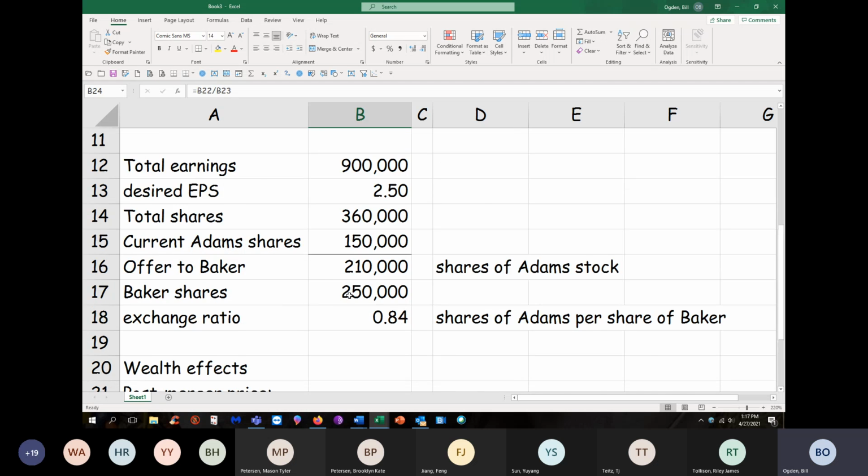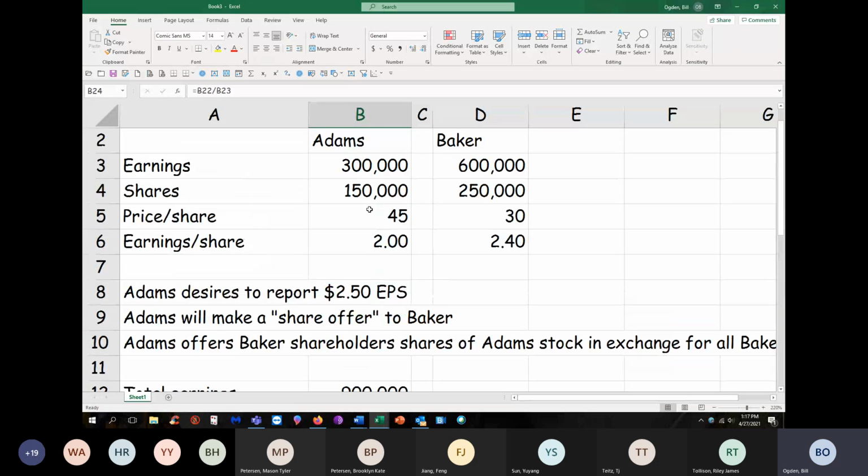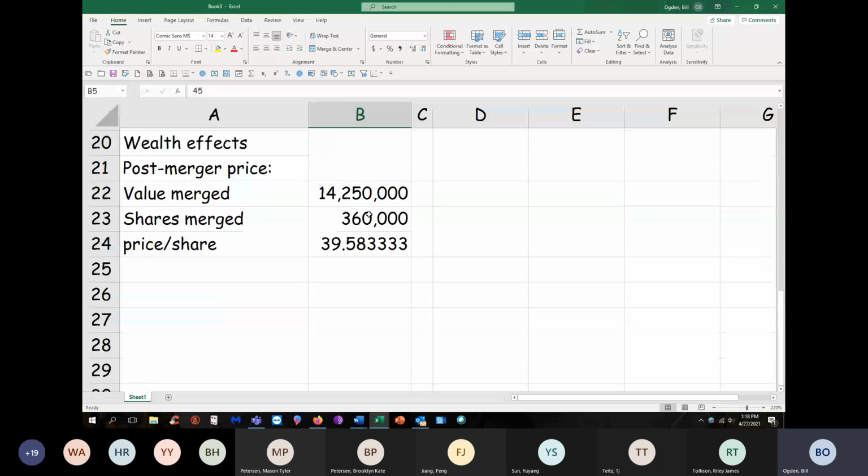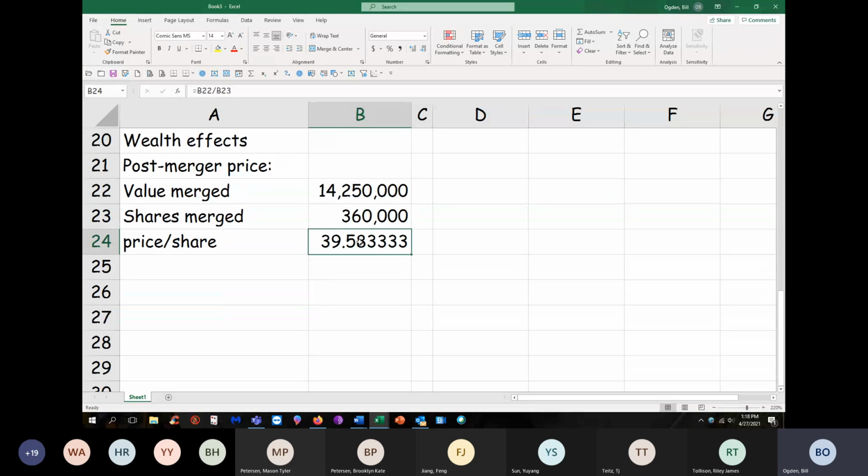Well, my shares were trading at $45. And once this merger is over, all shares of Adams are trading at 39.58. So I've lost something, haven't I? So let's start with the easy one. Let's do Adams. So we'll do the wealth effects to Adams.